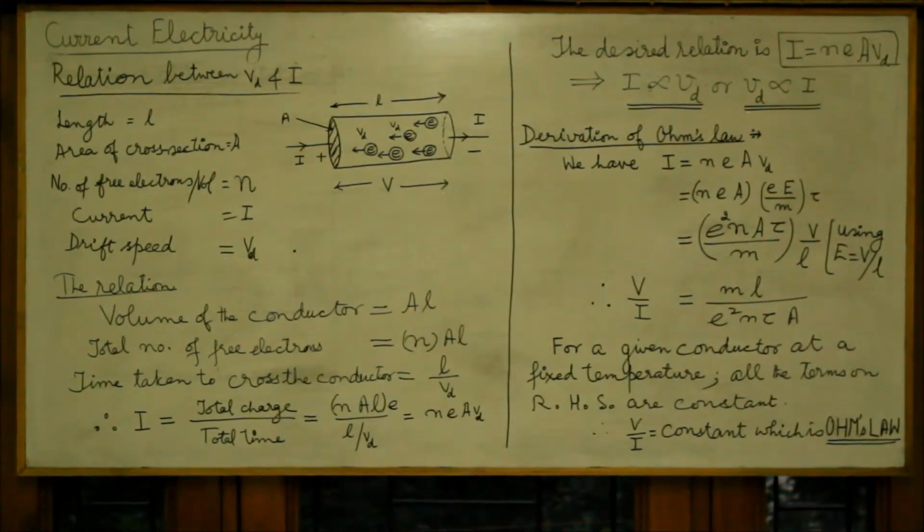The conditions are explicit in the statement of the law. For a conductor, that is, the conductor should be fixed, it should have a certain fixed length and area, at a given temperature, the potential difference across the ends of a conductor is directly proportional to the current passed through the conductor.